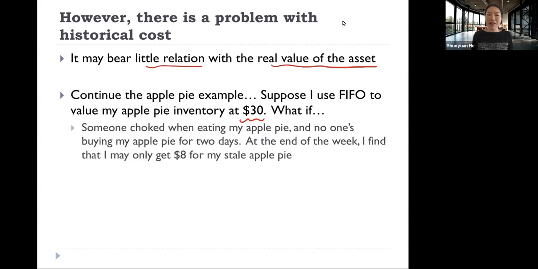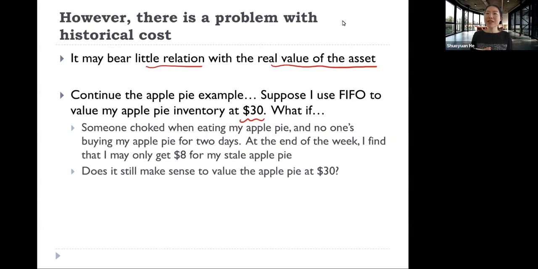However, what if someone choked when eating my apple pie and no one is buying it for 2 days? At the end of the week, I find that my apple pie has become so stale that I cannot sell it for its original price. I may only get $8 for my stale apple pie, if I'm going to sell it.